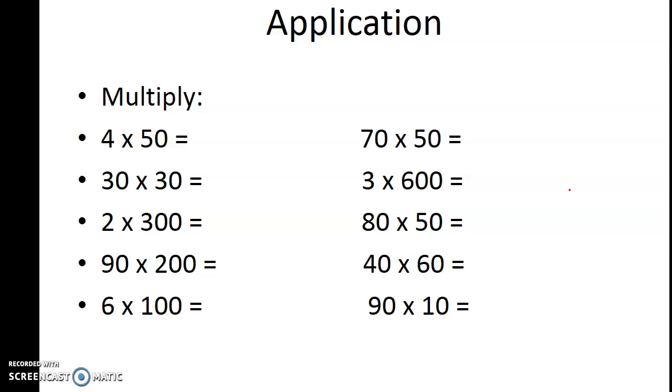Okay, another example. Let's multiply 4 times 50. We said that the first step is to multiply the factors without zeros. 4 times 5 equals how much? Equals 20. I will write 20.